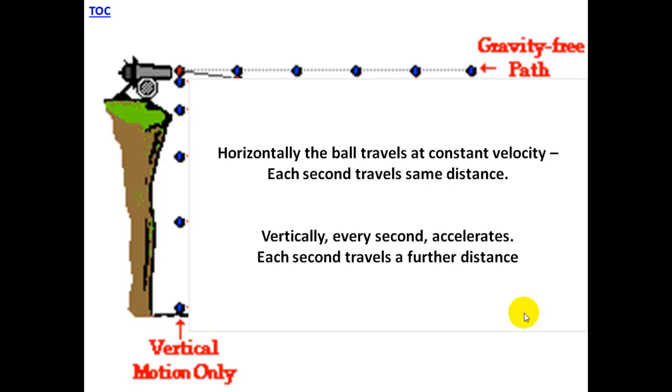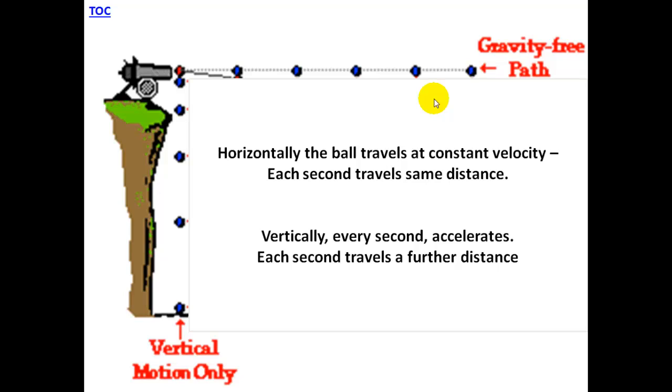Now we have to look at the horizontal and vertical components. Now let's take the horizontal component. You notice that the distances are equal steps apart with time. So horizontally the ball travels at a constant velocity, so at each second it travels the same distance. Vertically, however, every second it accelerates, so each second travels a further distance.